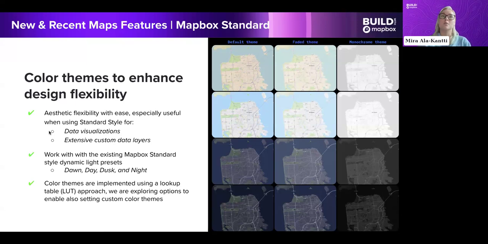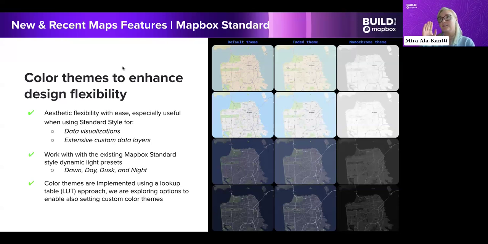But moving on to what we released just last month: many improvements to Standard that expand the usability and flexibility of the style. One of these improvements is the new color themes that enable you to easily make your own data pop out from the base map. These are the monochrome and faded themes.